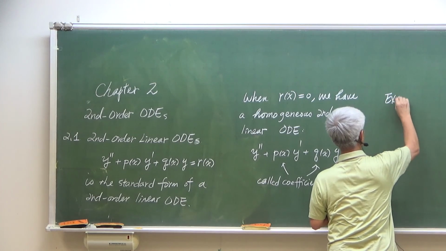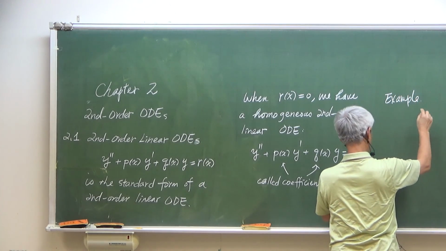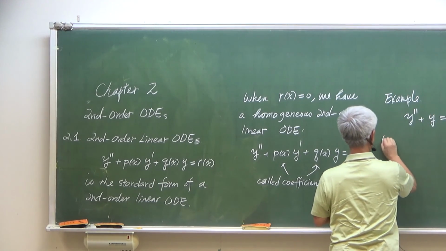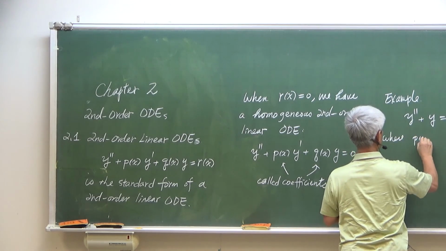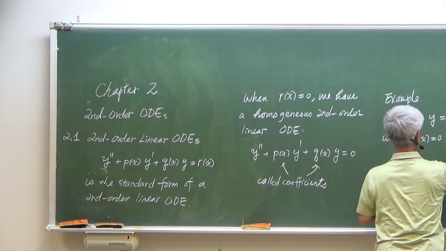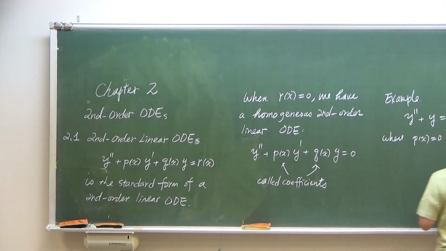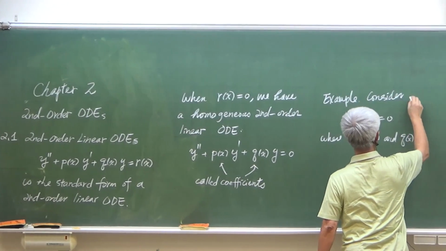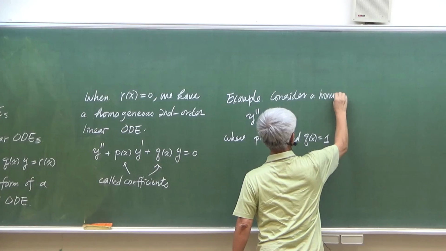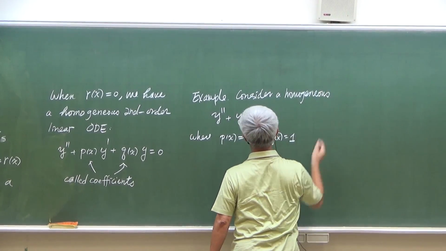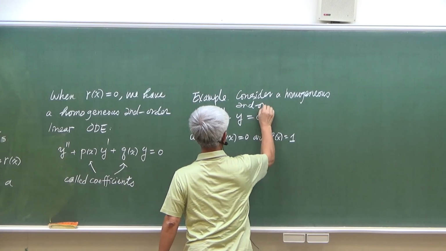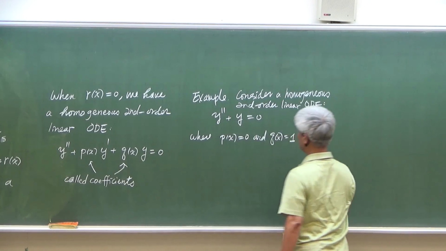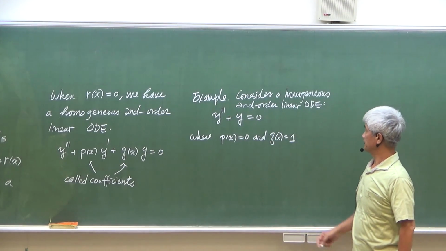A simple example is y double prime plus y equals 0, where p of x equals 0 and q of x is 1. So consider a very simple one.